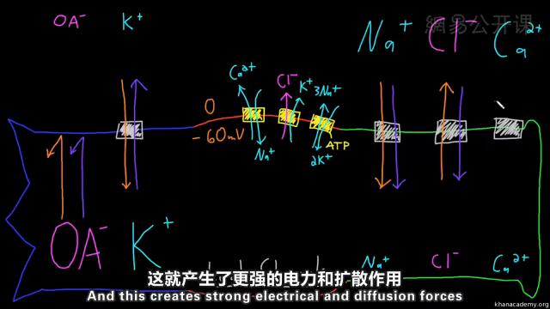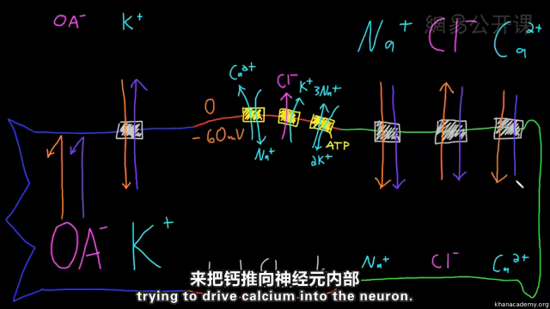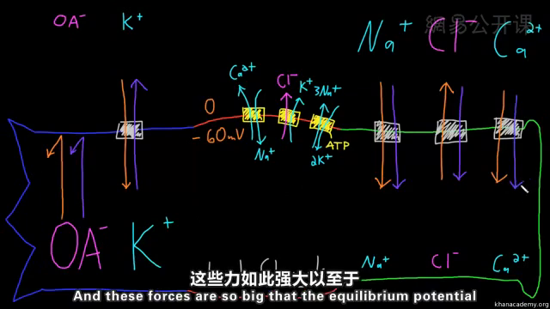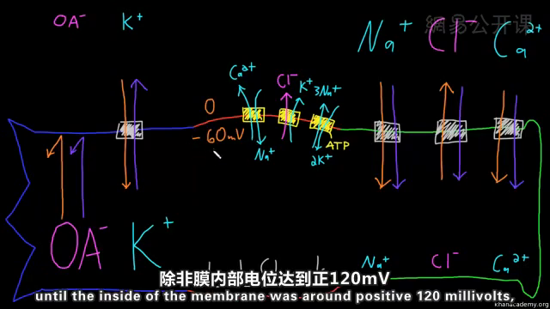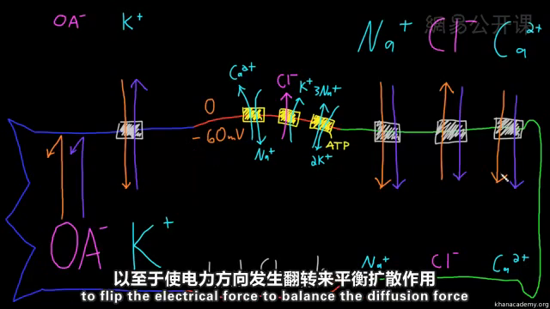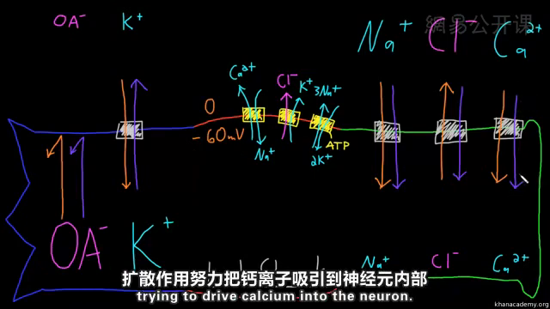And this creates strong electrical and diffusion forces trying to drive calcium into the neuron. And these forces are so big that the equilibrium potential of calcium wouldn't be reached until the inside of the membrane was around +120 millivolts to flip the electrical force to balance the diffusion force trying to drive calcium into the neuron.